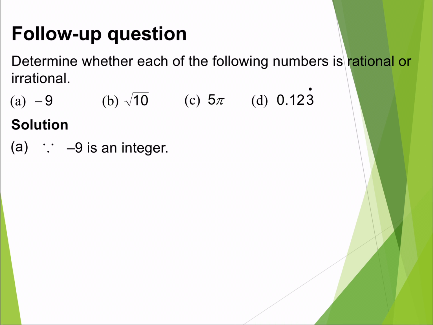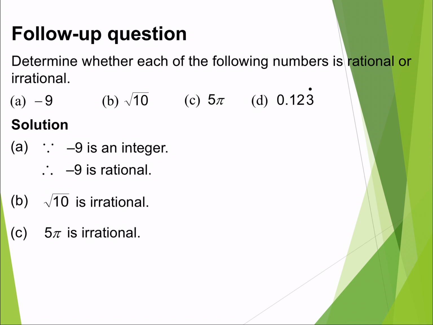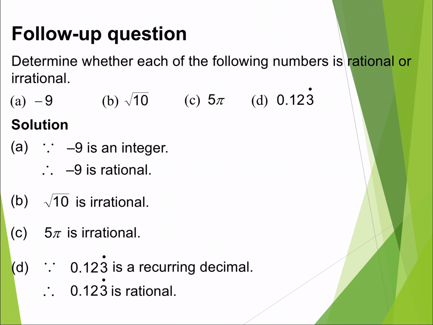Part B, square root 10, is irrational. And 5 times pi: pi is an irrational number because it is a non-terminating decimal. And 0.123 with the 3 repeating is a recurring decimal, so it is a rational number.